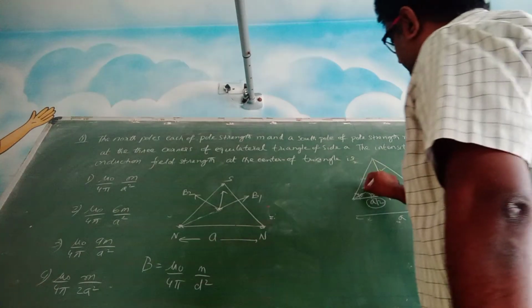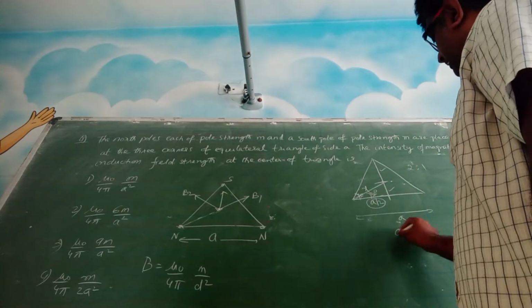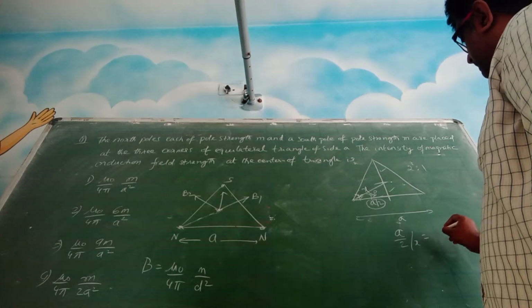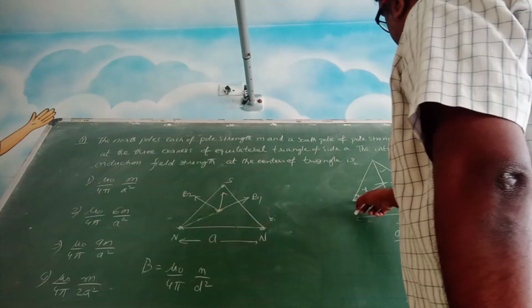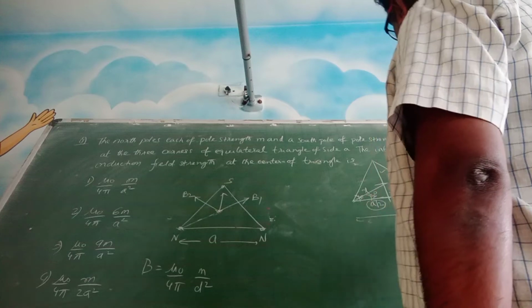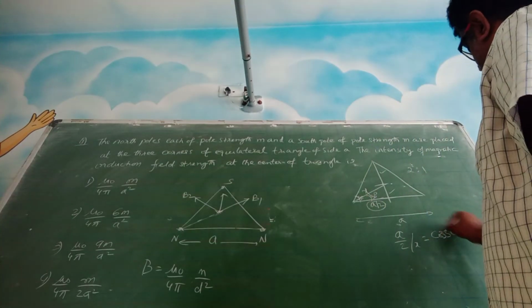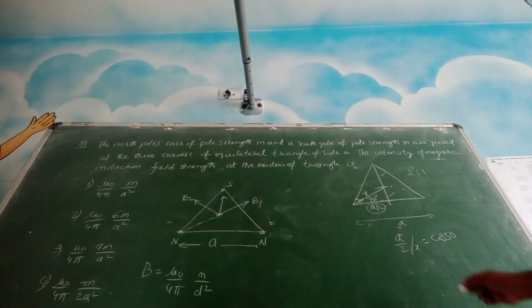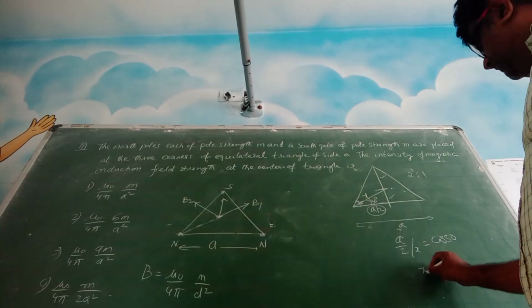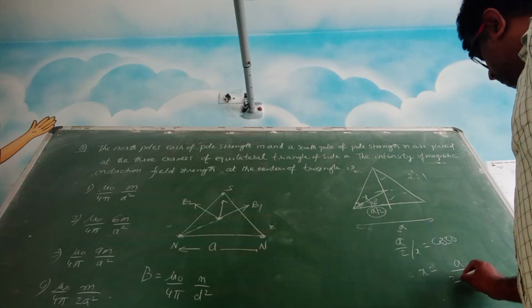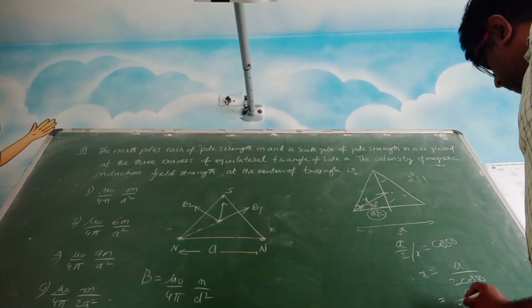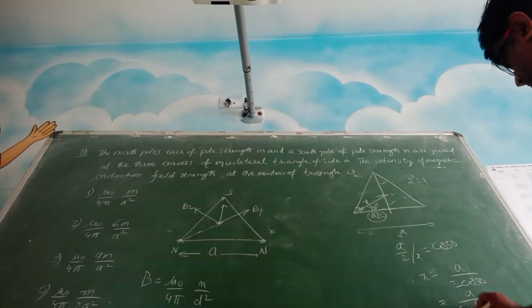You know this A by 2, you know this angle, so can we find out this? Let us say this distance is x, so A by 2 divided by x is equal to cos 30, because this is adjacent, this is hypotenuse. So from here x is A by 2 cos 30, and cos 30 is root 3 by 2.